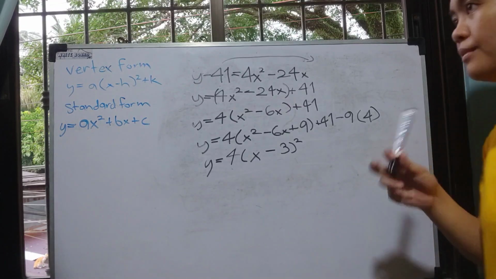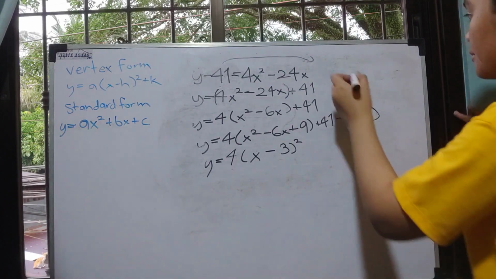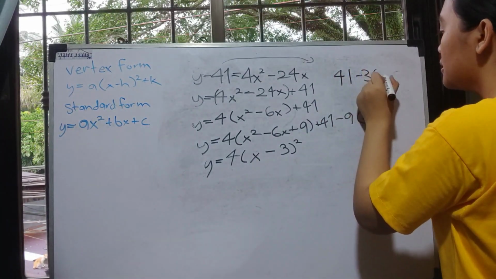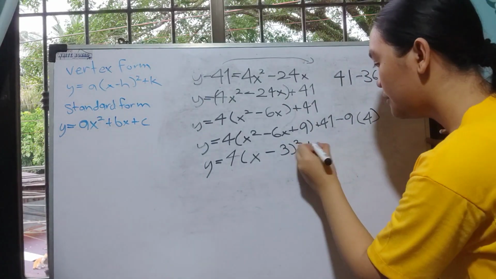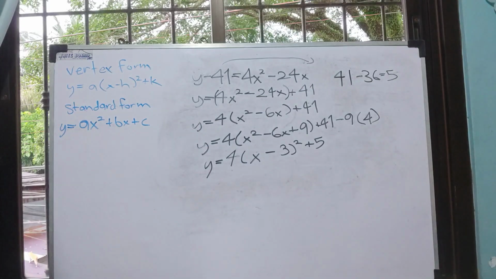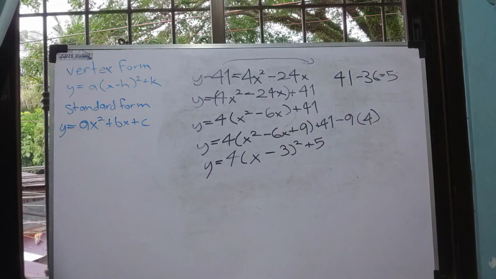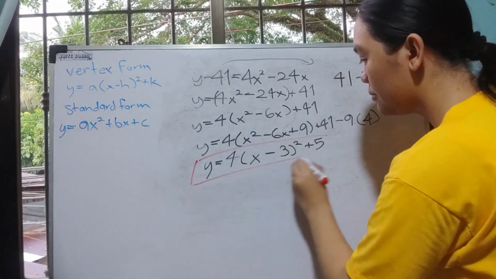Negative 9 multiplied by 4 is 36. 41 minus 36 is 5, so we add plus 5 here. And that is our vertex form.